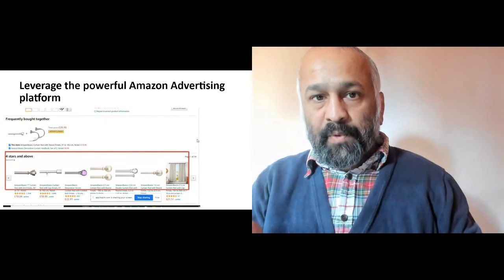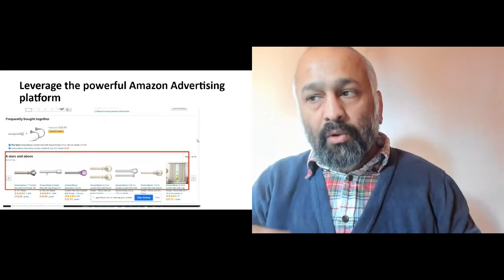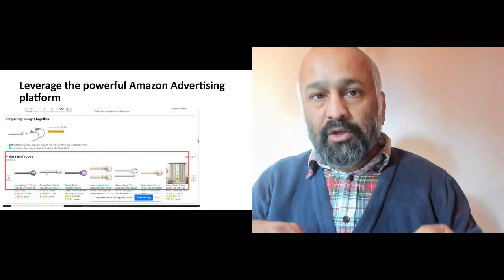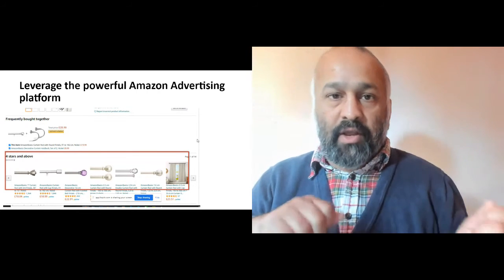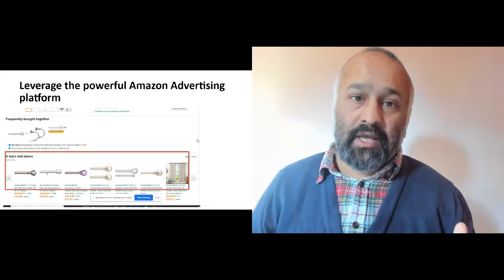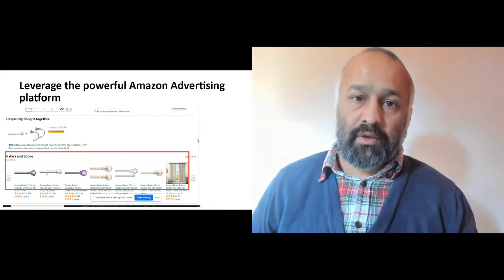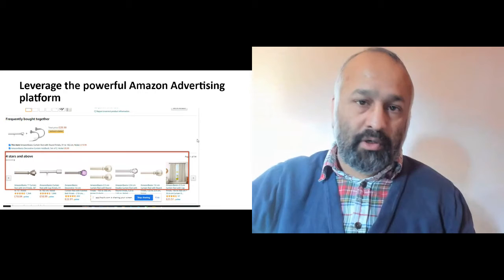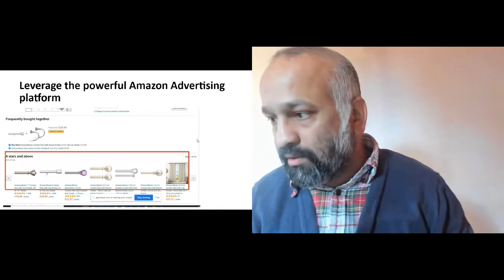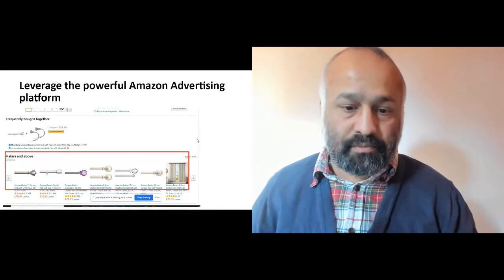It can be powerful, but it may also be cheaper than doing keyword targeting ads. So if you've never tried it, you can try today targeting any products, what you call ASIN targeting or product targeting ads, and this is also a part of manual ads.